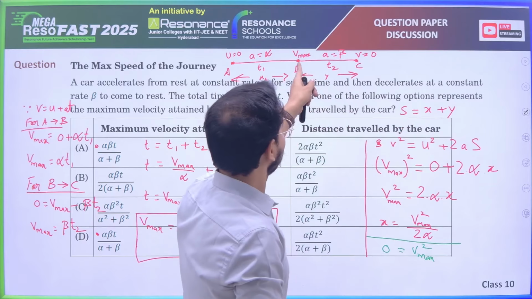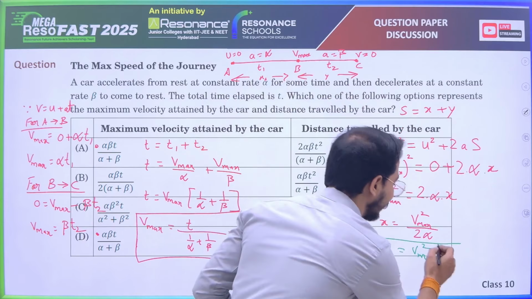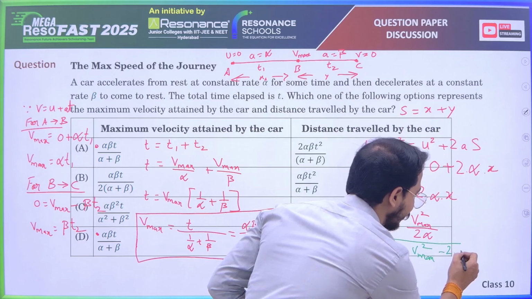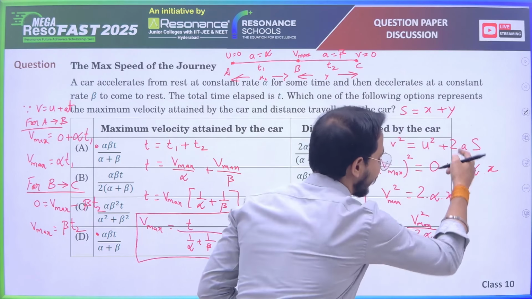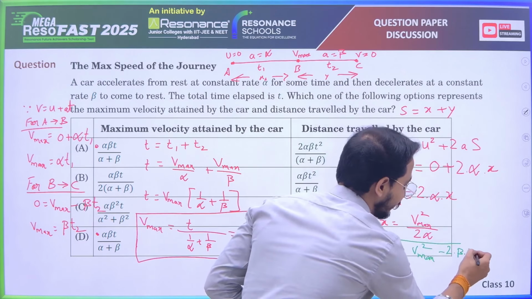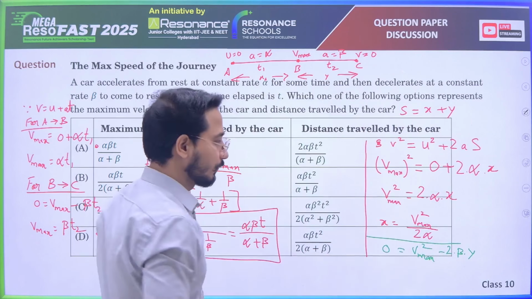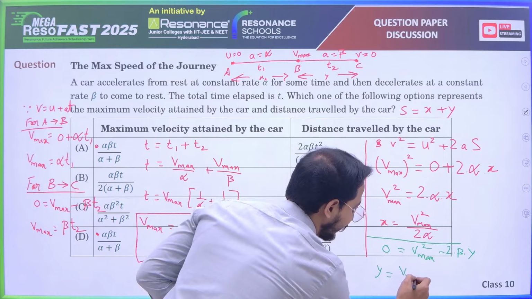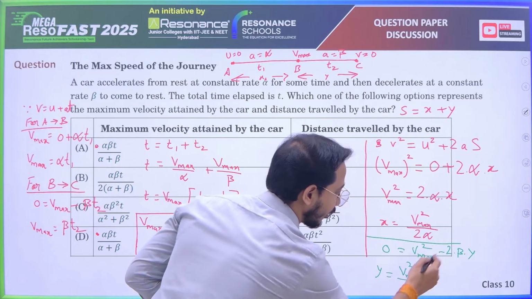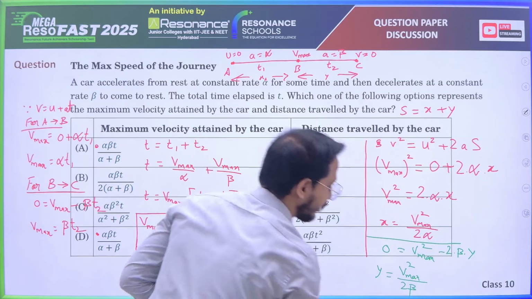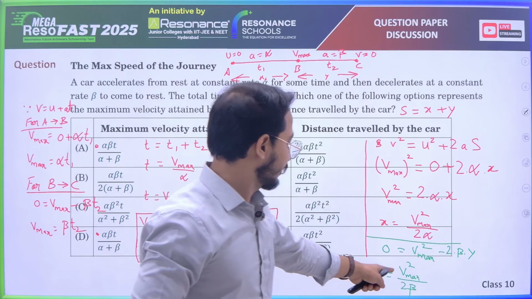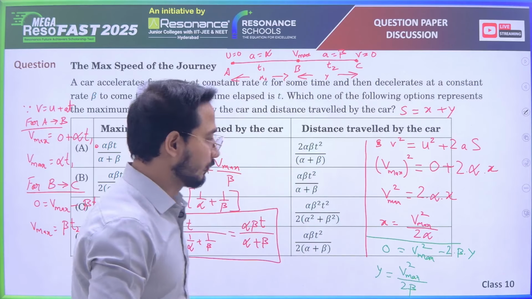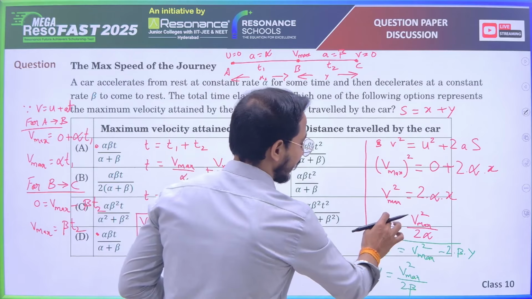Plus is written, but it is the decelerating case, so we write minus 2 into beta, the acceleration, into y, right? So y is equal to Vmax square upon 2 into beta. Clear?